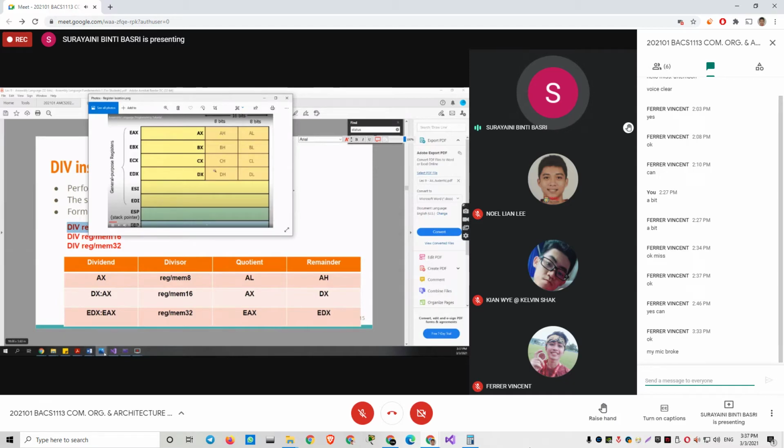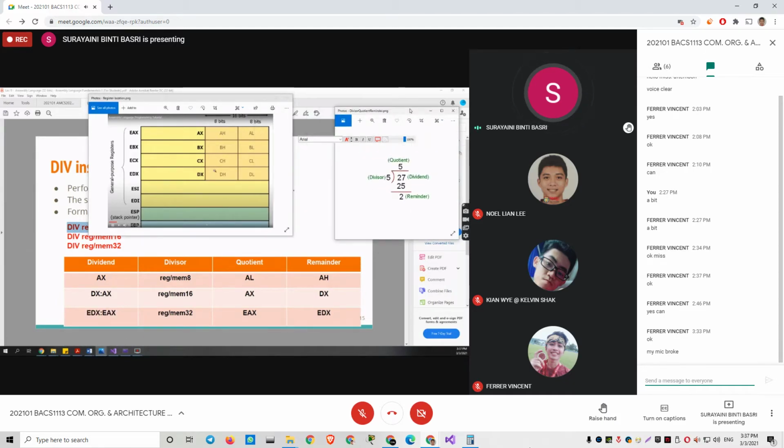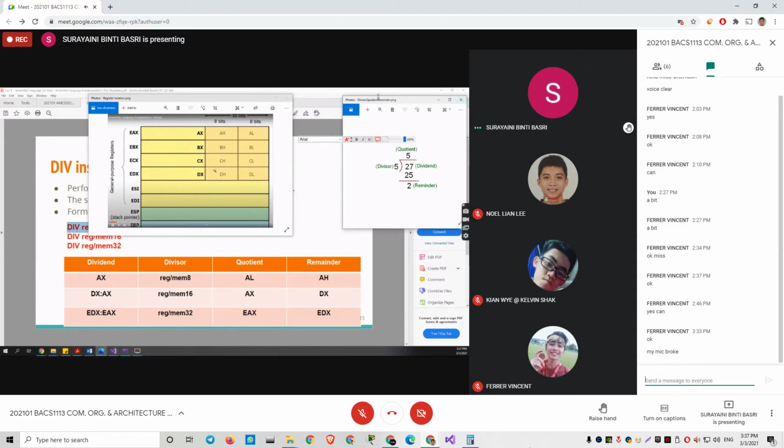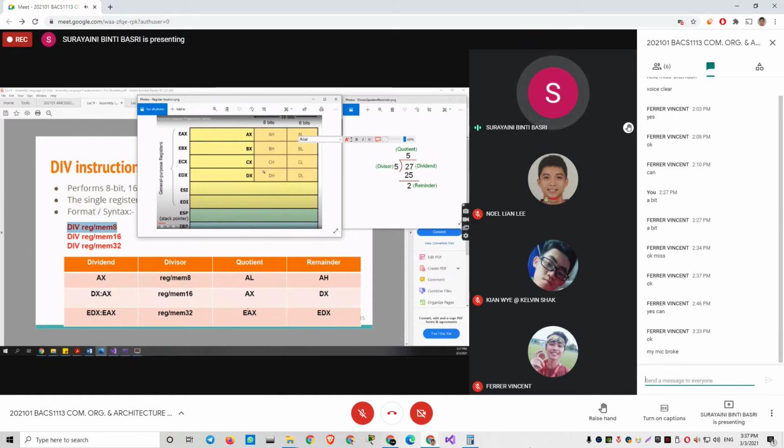When you do the division, you must put something in your dividend so that the computer knows the value, because it will divide the value from your AX by whatever you specify in this instruction.